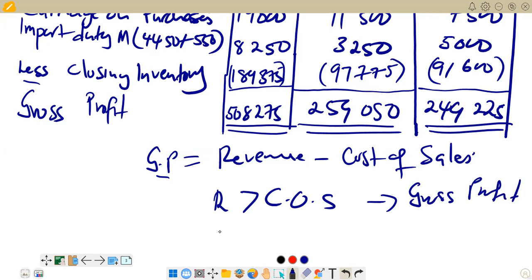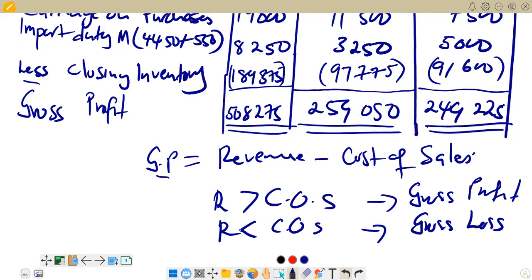And the opposite is true when revenue is less than cost of sales, we are going to have a gross loss. And when it's a gross loss, we show it in brackets. The figure here should be in brackets so that it's a negative figure and it's a gross loss.